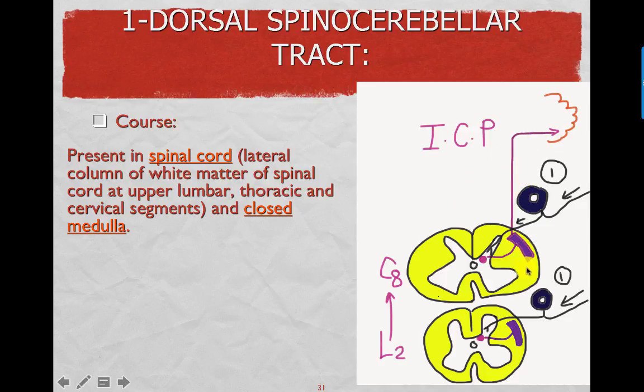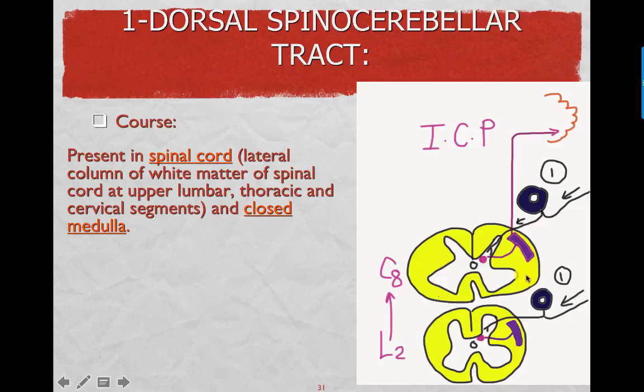So remember, it is present in the lateral column of the white matter at all levels except below L2. So in your drawing for lumbar L3, you don't have a dorsal spinocerebellar, because it is absent after L2.